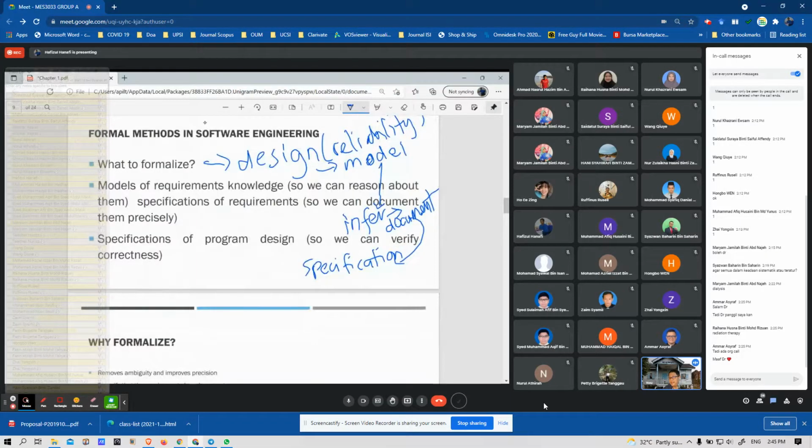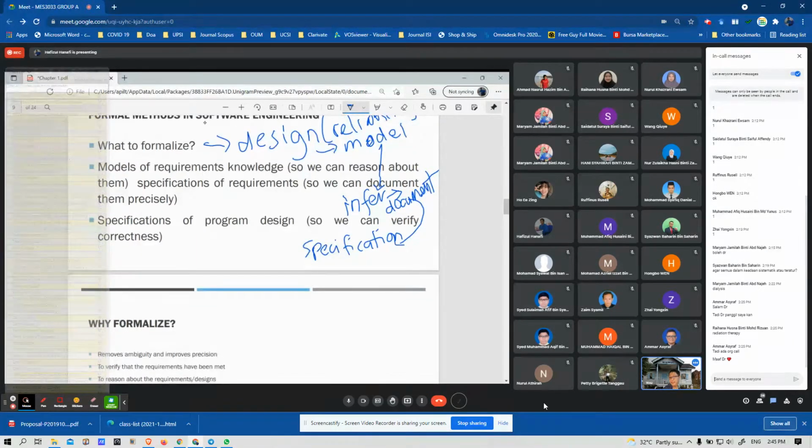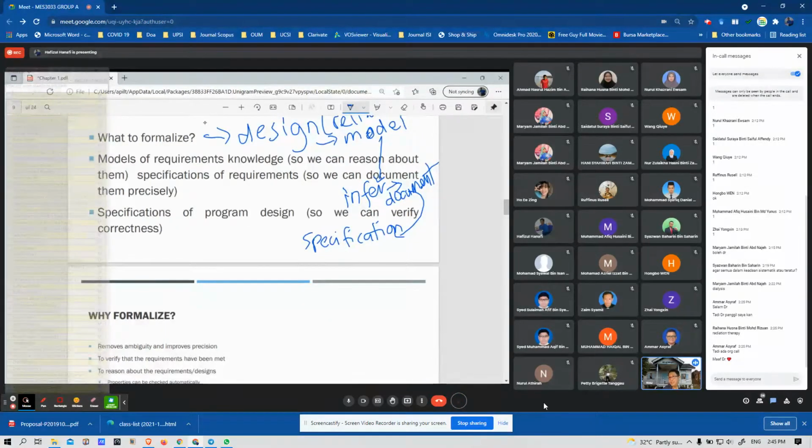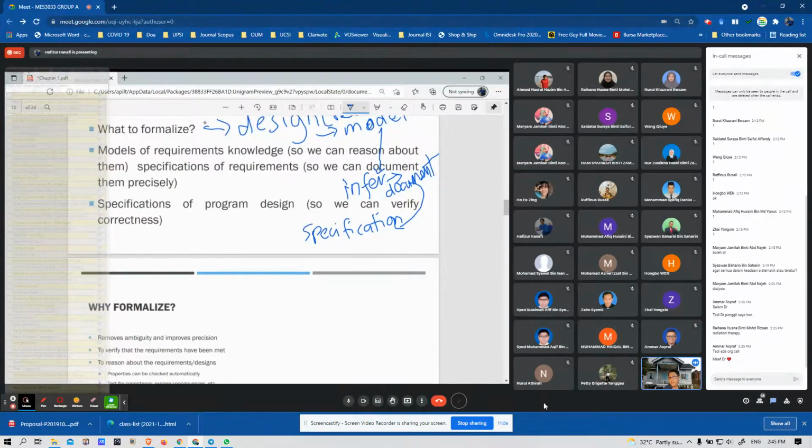We formalize the design to create a model that can infer the system requirements, so that finally the output of the inferences will be a document. From the document, we can specify the specification for the program design.